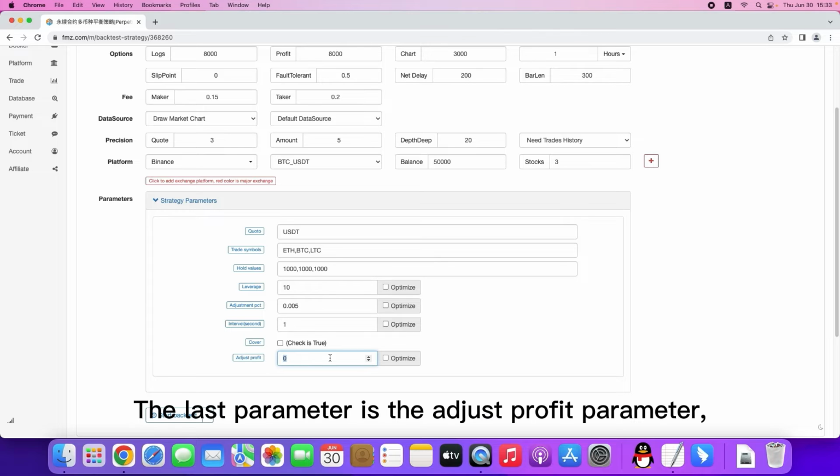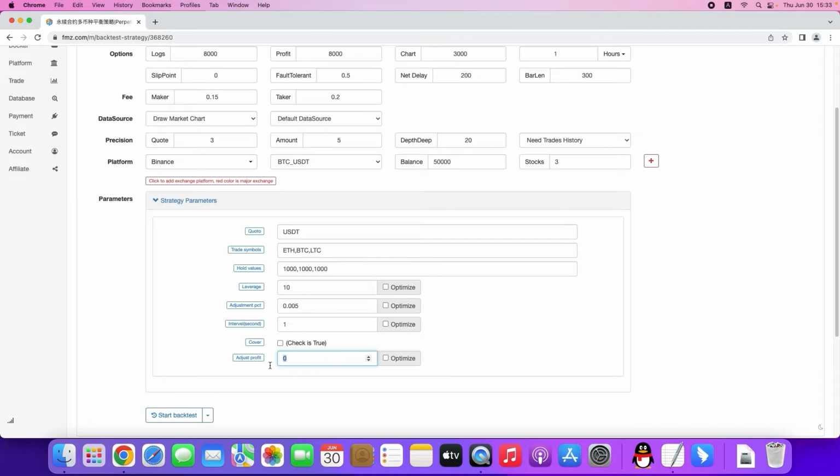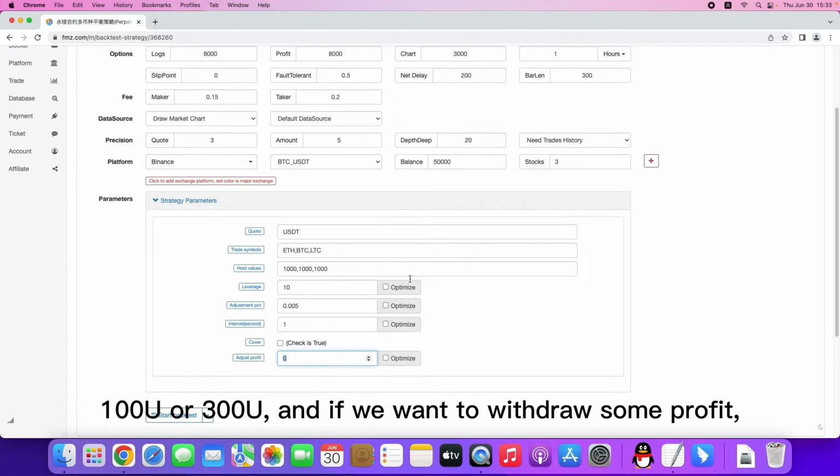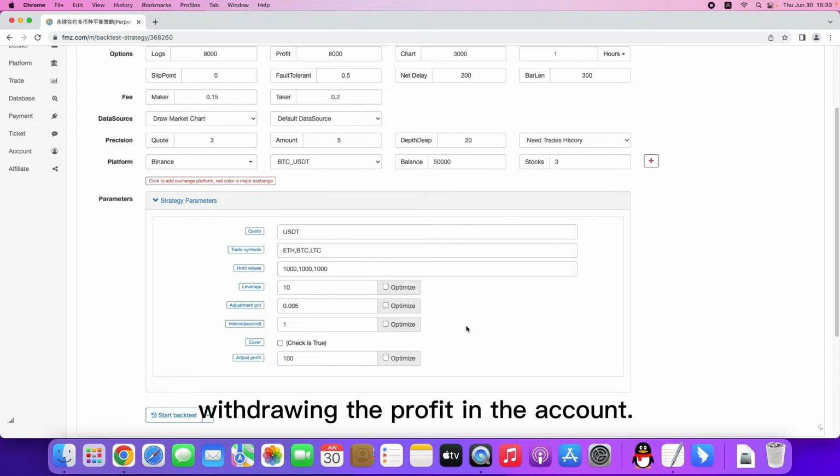The last parameter is the adjust profit parameter. It was also discussed in the previous issue of the grid strategy. For example, the strategy has made a profit of 1,000 U, of 100 U or 300 U. If we want to withdraw some profit, the data will be out of synchronization after withdrawing the profits in the account.